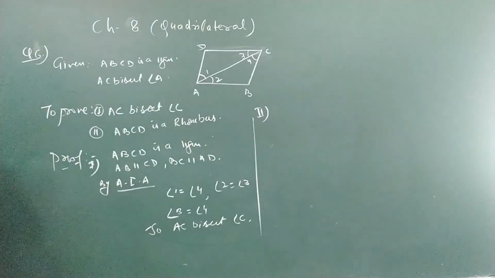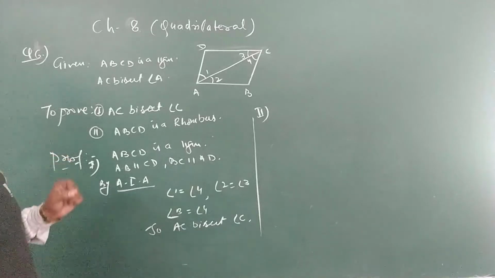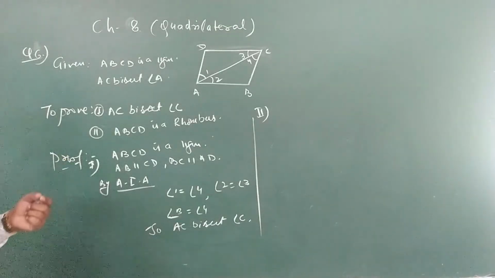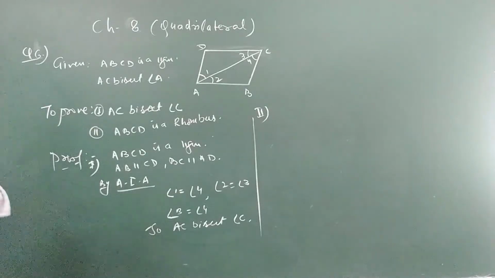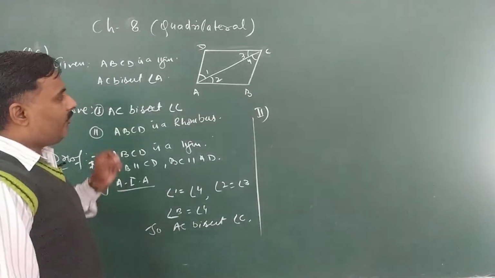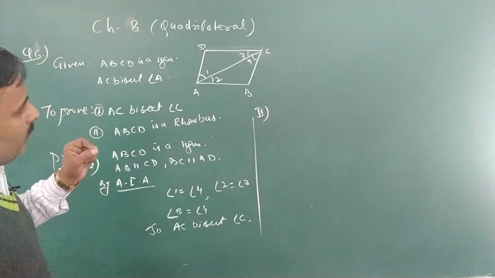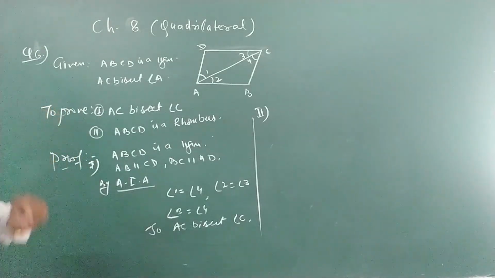If we want to prove a parallelogram is a rhombus, we need to prove whether all the sides are equal or the diagonals are bisecting at 90 degrees. But if I am able to prove that a pair of adjacent sides are equal, it will be a rhombus.